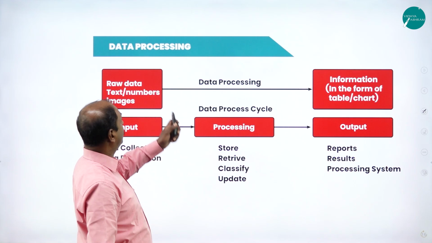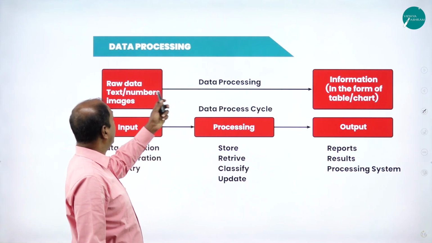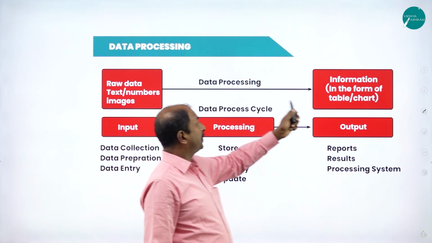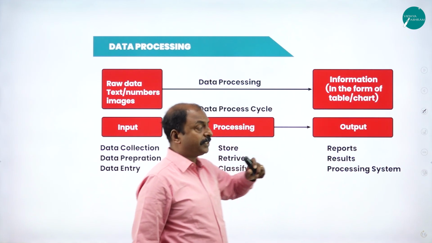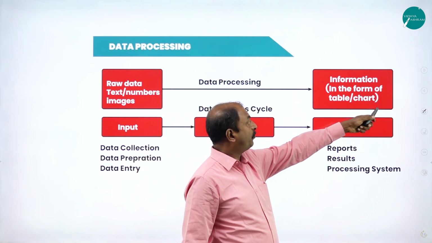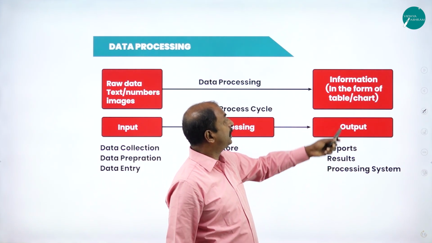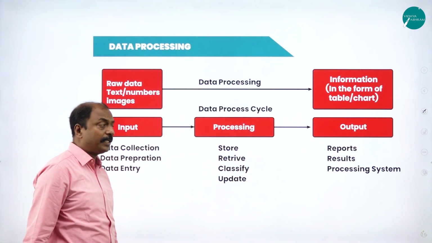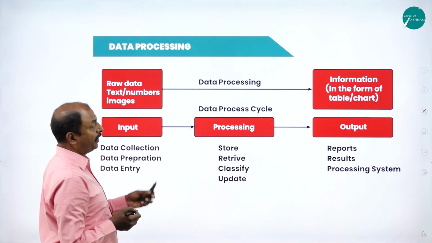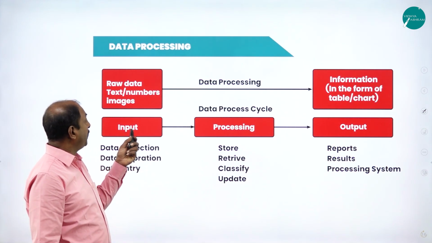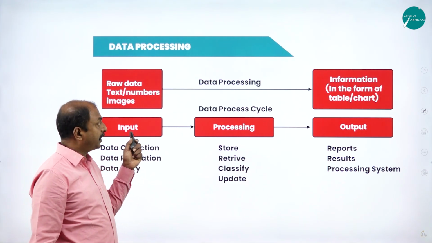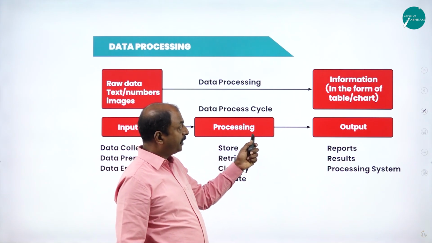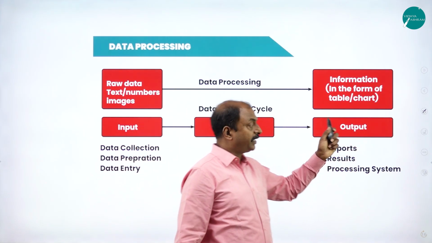Before processing it is data, and after processing it is the result or information. Information may be in different forms, maybe a table, a chart, or images. Normally the procedure is we input or feed the data, the computer processes it and gives us the result, that is output.